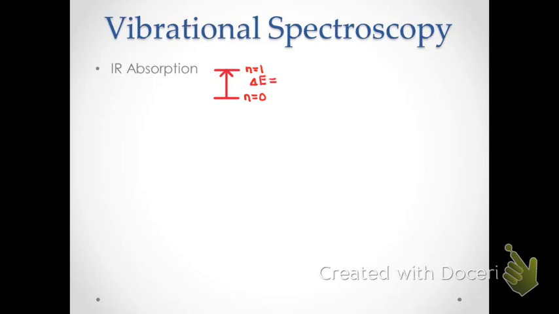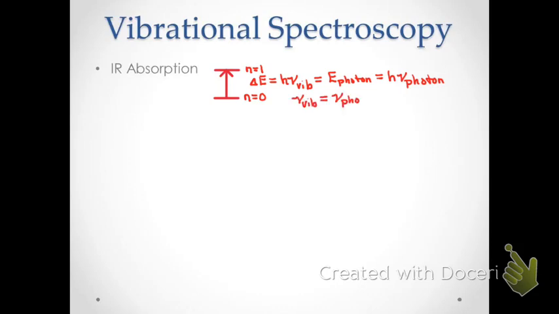As you'll recall, the energy difference between these two levels is equal to h nu, where nu is the frequency of the vibration. We talked about this in an earlier video. And in order to induce a transition, of course, the photon must have the same energy as this energy difference. We know that the photon energy is also given by h nu, where nu is the frequency of the photon.